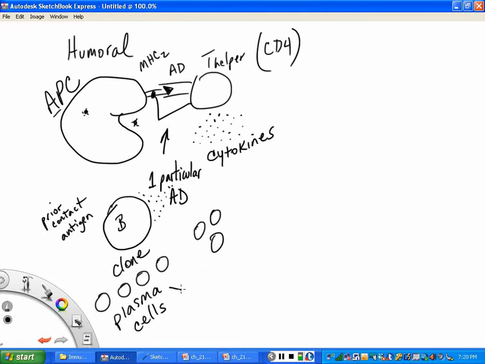And those plasma cells will do this. What is that? That is an antibody. These plasma cells will crank out antibodies at the rate of 2,000 per second. An active plasma cell can produce 2,000 antibodies a second.